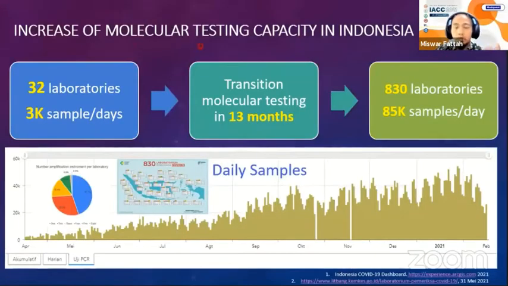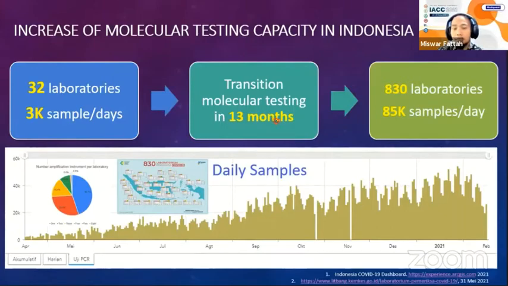This shows the increase of molecular testing capacity in Indonesia. At the beginning of the pandemic, in April, only 32 laboratories could do molecular testing, especially for COVID-19, SARS-CoV-2, and only 3,000 samples per day was the total national capacity. So it is a very drastic change in 13 months.